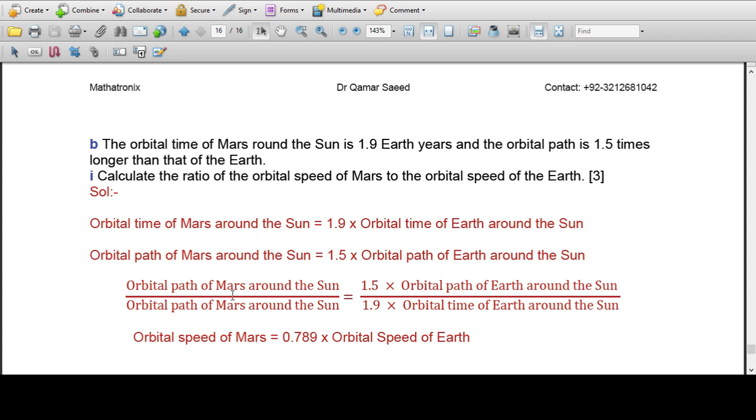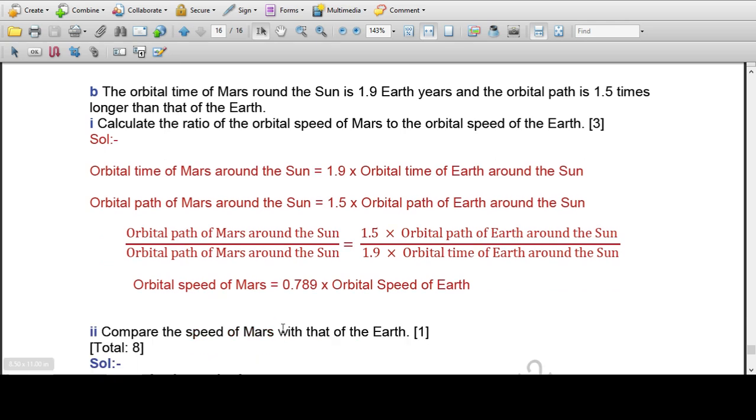So we place these values, and on simplification, the orbital speed of Mars is obtained as 0.789 times the orbital speed of Earth. So the orbital speed of Mars is less than the orbital speed of Earth.